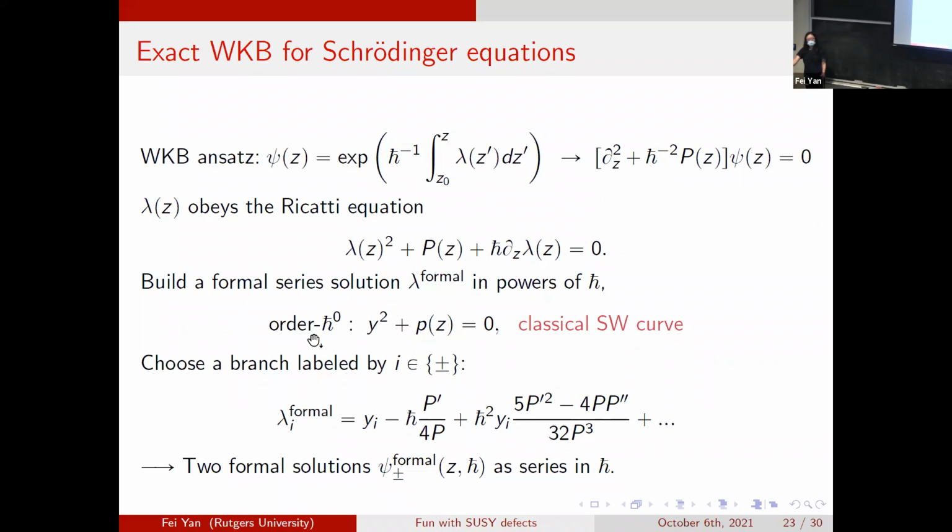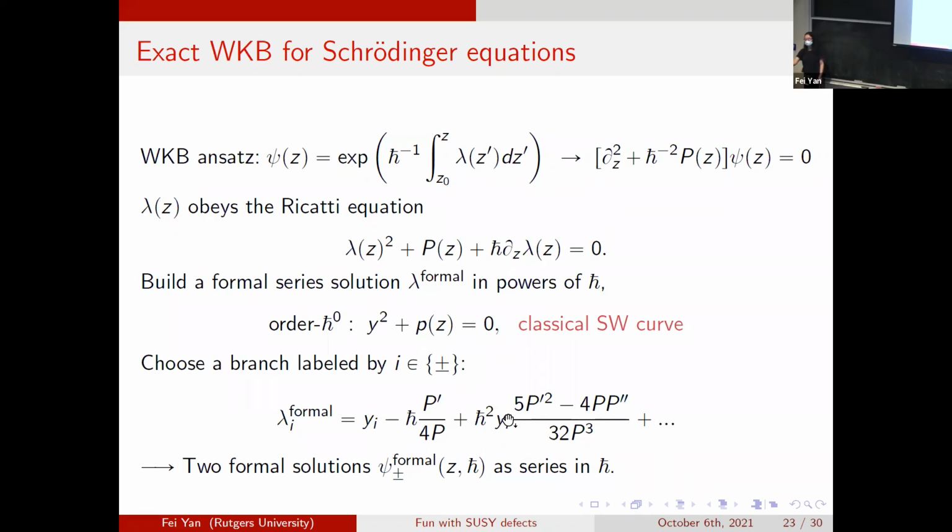So at order h bar to the 0, you recover this classical algebraic curve, the so-called WKB curve or classical spectral curve. And there are 2 branches you could choose. The bottom line is you will get 2 formal solutions to the Riccati equation. And they're just asymptotic series in h bar. In particular, those coefficients will have factorial growth with respect to the power of h bar.